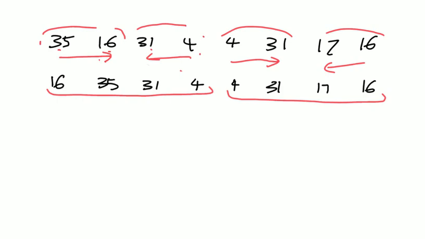Can you see this? What do we do next? We just consider these Bitonic sequences one at a time. So this is Bitonic sequence 0, this is Bitonic sequence 1. Now let's consider Bitonic sequence 0.